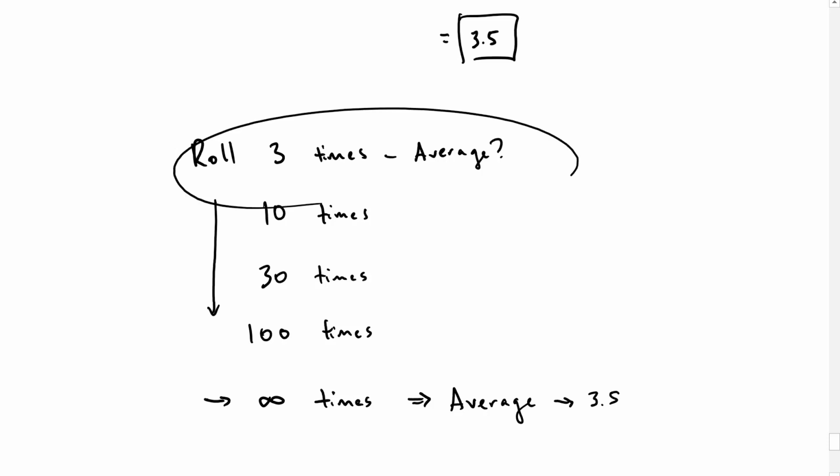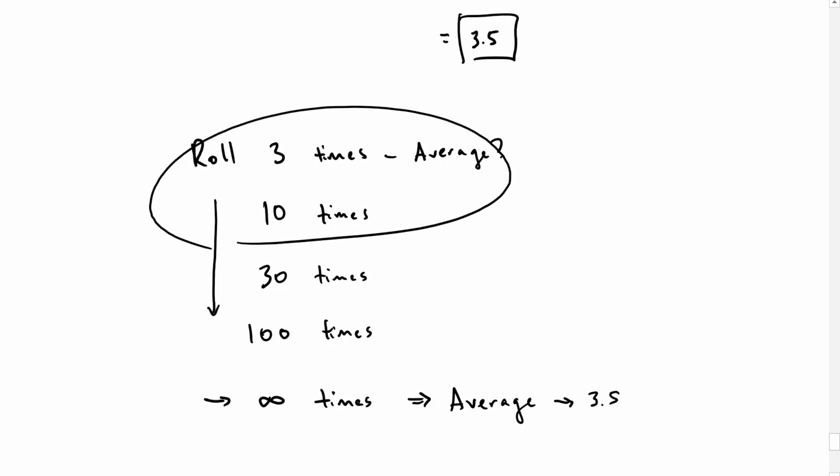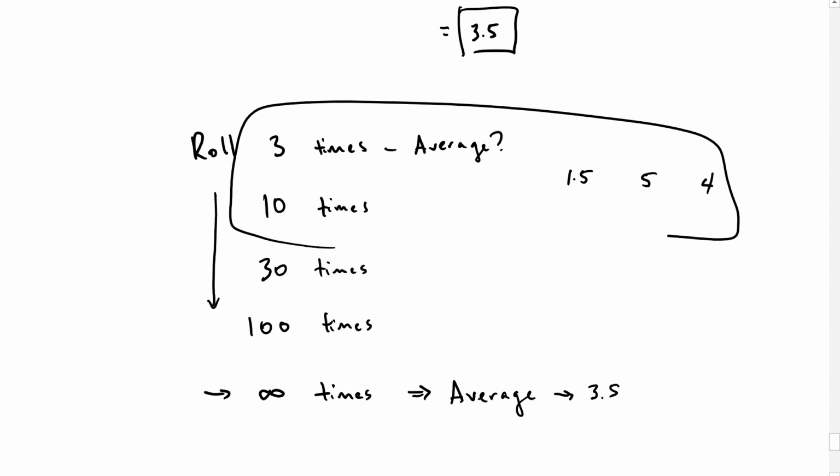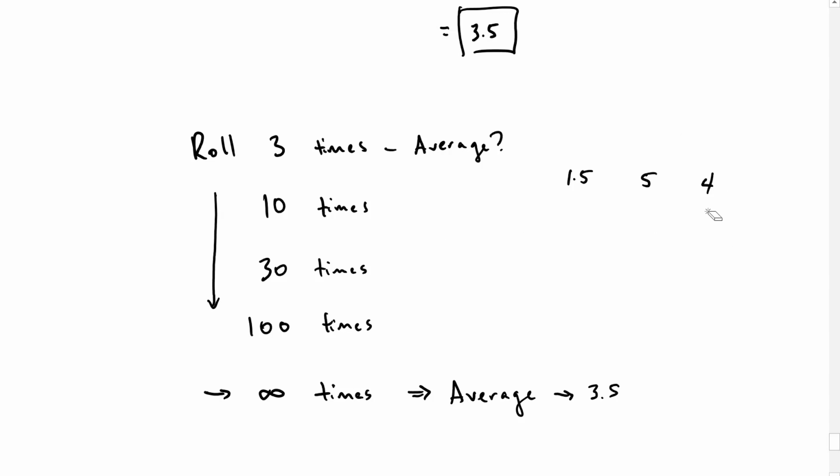But it's very likely that with a small sample, the average could be 1.5, the average could be 5, the average could be 4. With a small sample, there's much more variance and a larger probability that we're not going to roll something that's going to result in an average of 3.5.